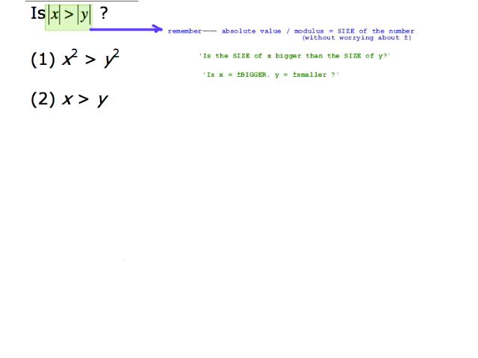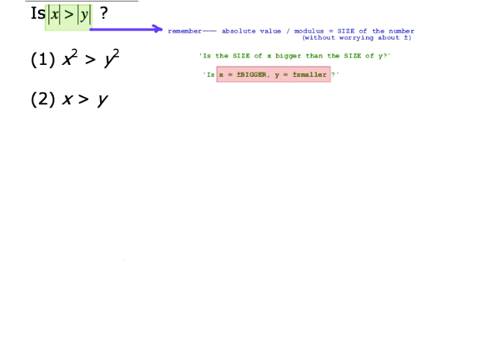It doesn't matter what the sign is, it just matters which is bigger. If you are more number-line inclined, you can think of it as the distance of x from 0, how far away from 0.